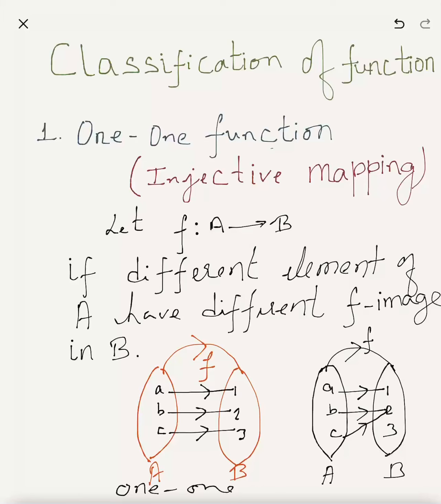So is this a one-one function? No, right? Because different elements of A do not have different f images. Since b and c have the same f image, that is 2, this is not a one-one function.